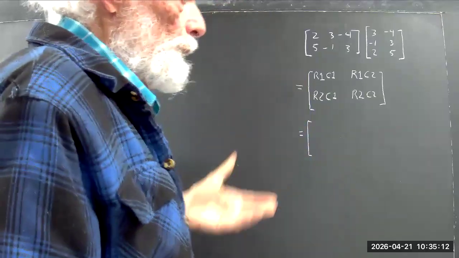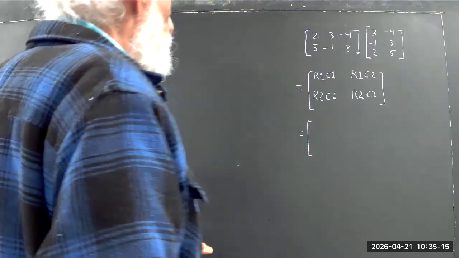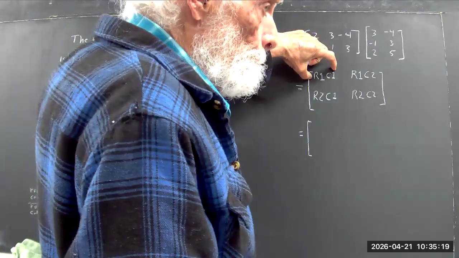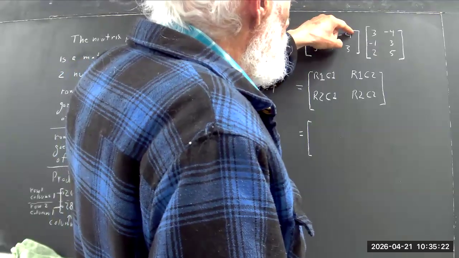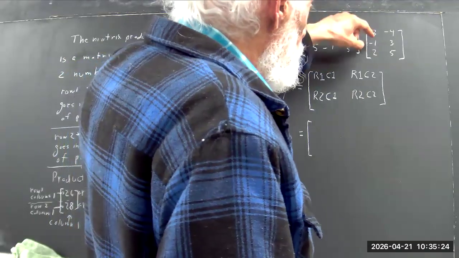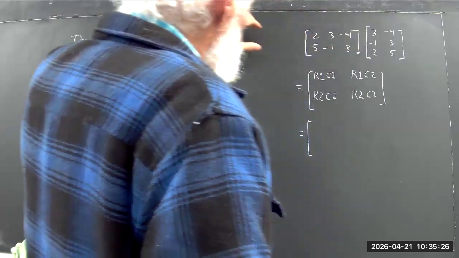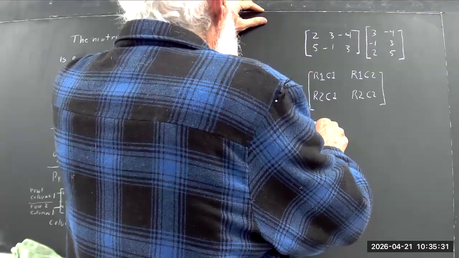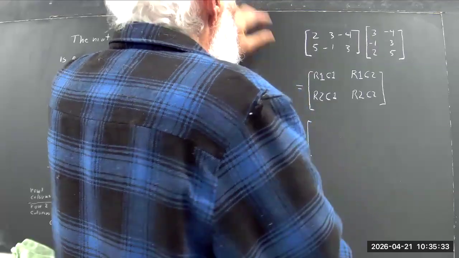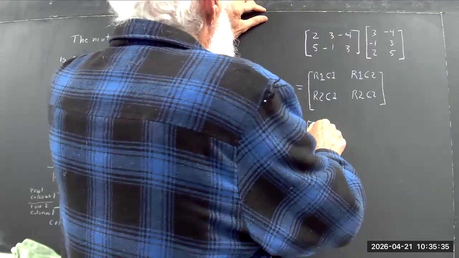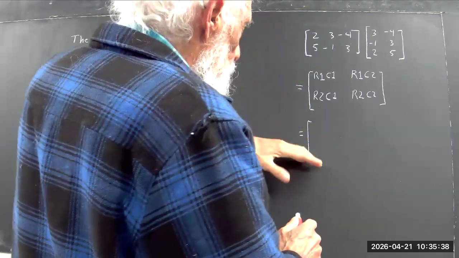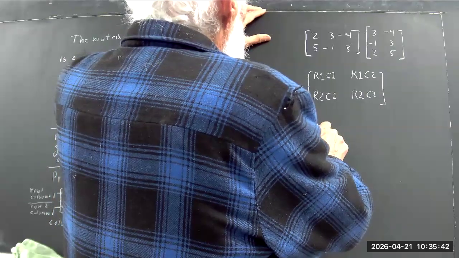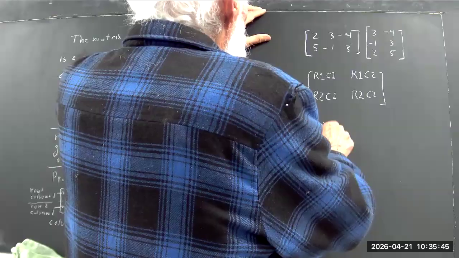It's going to take a little room to write this out, but I'm going to write it all out. First number we need is row 1, column 1. If we multiply row 1 of the matrix, 2, 3, -4, by the column 3, -1, 2, we're going to get a number. Now I'm going to write the calculation down here. In the upper left-hand corner of my new matrix, we're going to have row 1, column 1.